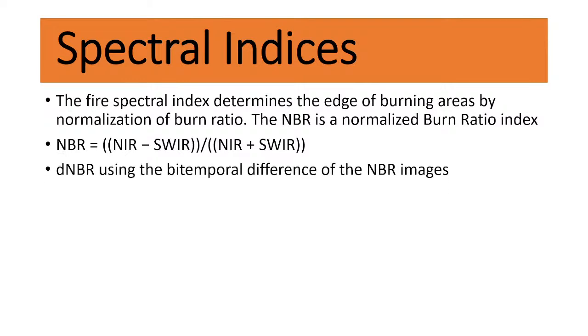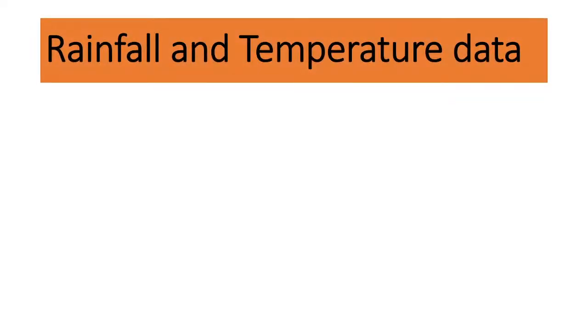When you want to calculate the difference of the normalized burn ratio, your equation is NBR pre minus NBR post. So when you want to calculate the bitemporal difference of the NBR, just simply subtract NBR post from NBR pre.